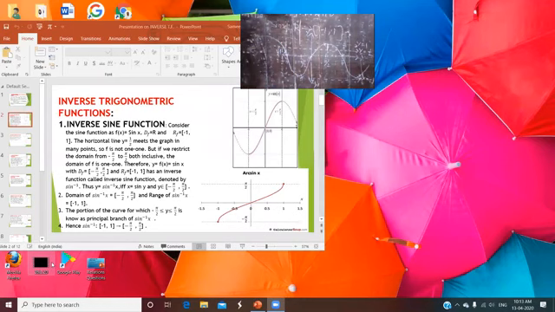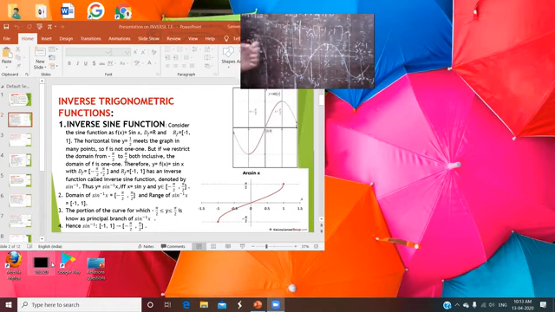So you can say the function is not invertible because it is not 1-1. But here your topic is the inverse of the sine function, so the inverse of sine does not exist for the entire domain.